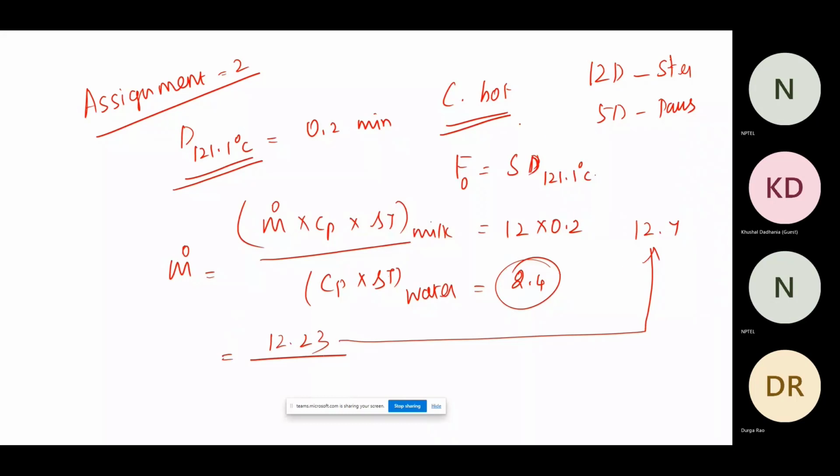Also this is not related to decimal places, because in the industry it is always good to go more than this. 2.4 minutes means they will always add a factor of safety. That is why it is given as 3 minutes. But in general, when you are solving problems, you just look for the closest value given as an MCQ.